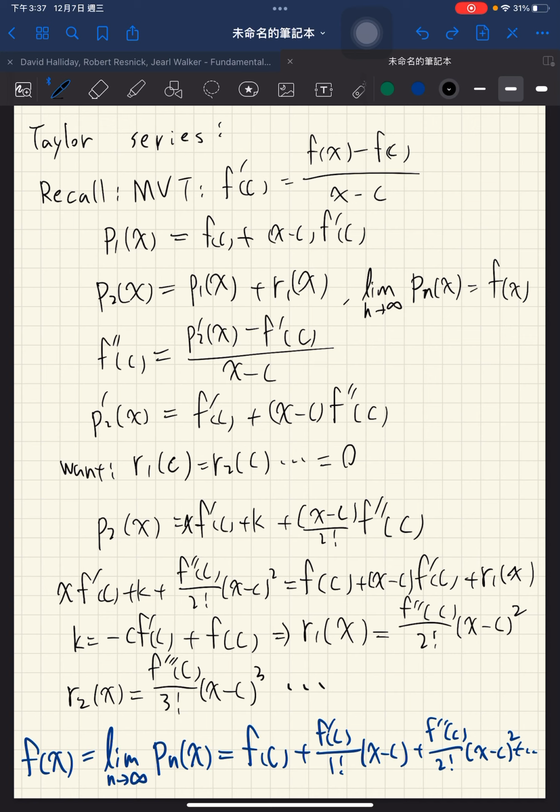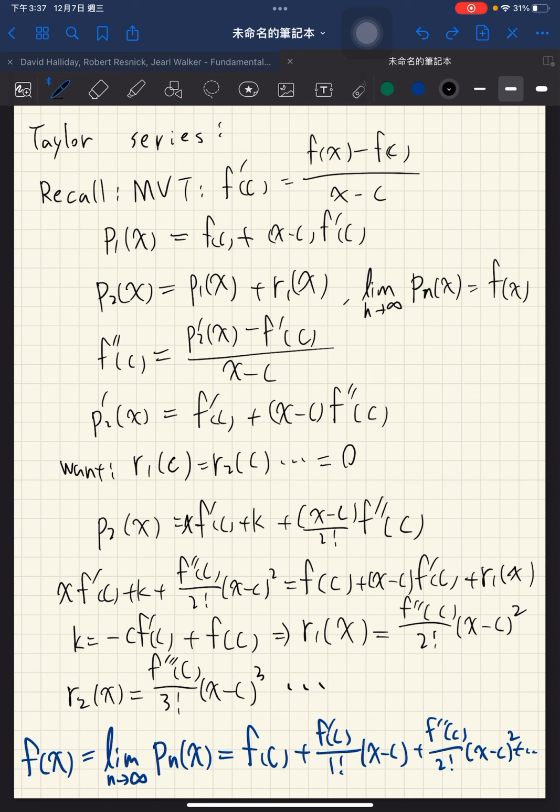Okay. Well, what we need to do to get P2 of x is to apply the mean value theorem again here, and we will get P2 prime of x in this form.